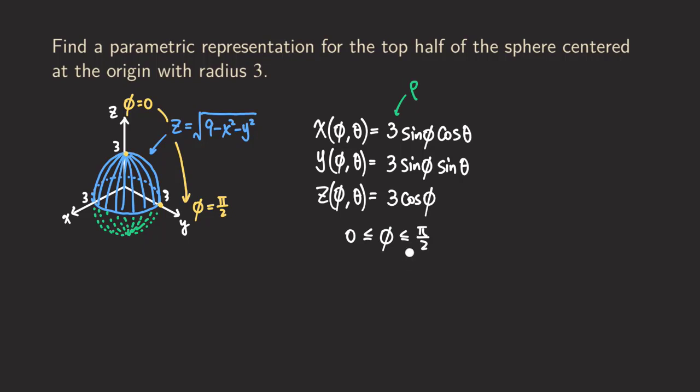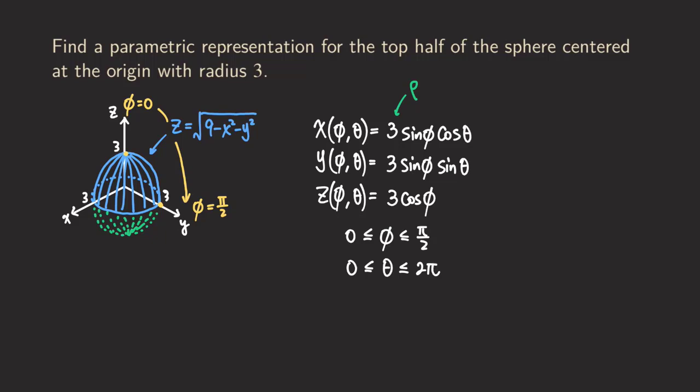And then what about theta? Theta is actually just the same angle as the angle defined in polar coordinates. And so you know that this covers the whole xy plane, right? As you can see, we have a point in every quadrant. Well, it doesn't cover the whole xy plane, but as you can see, it covers all 4 quadrants right here. So we go from 0 to 2 pi.